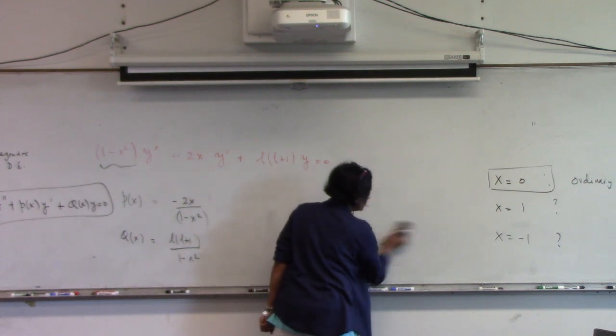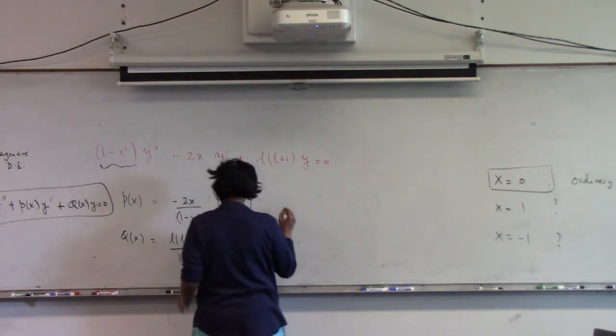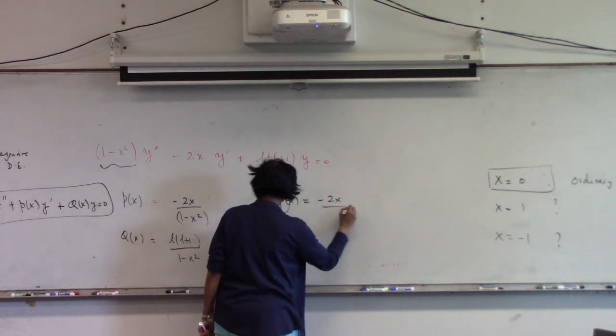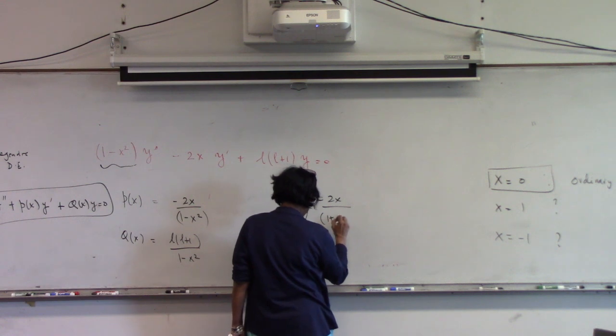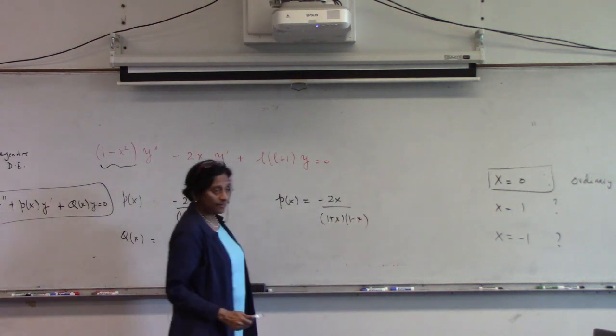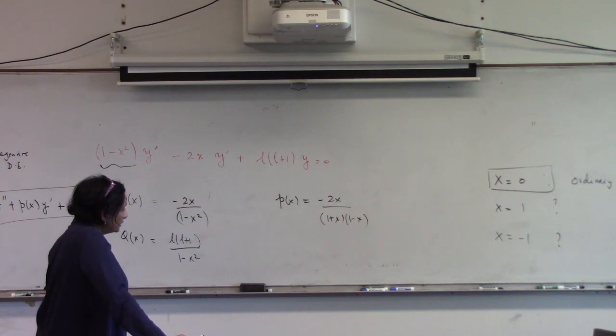What happens to x equal to 1? Regular. So p of x becomes minus 2x over 1 plus x times 1 minus x, right? So at x equal to 1, it blows up, but I can remove the singularity.